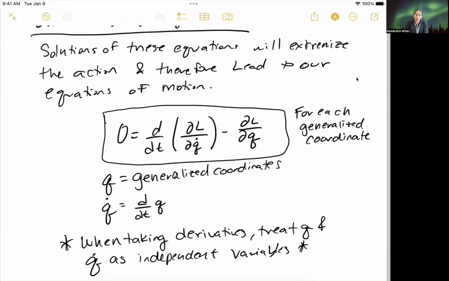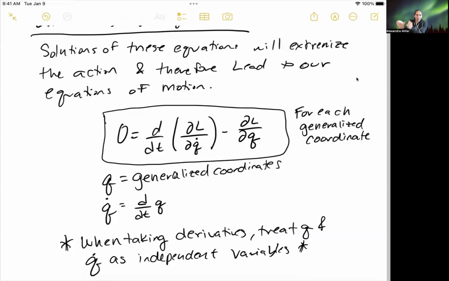When you take partial derivatives of some multivariable function, if we're taking the derivative with respect to x, you differentiate with respect to x and you treat all of your other variables as constants. That's what you do when you take a partial derivative. And what I'm telling you is if I'm taking the partial derivative with respect to x, and there's an x dot in my function, you might be inclined to think, do these things seem related? So do I hold x dot constant? And what do I do with x dot?